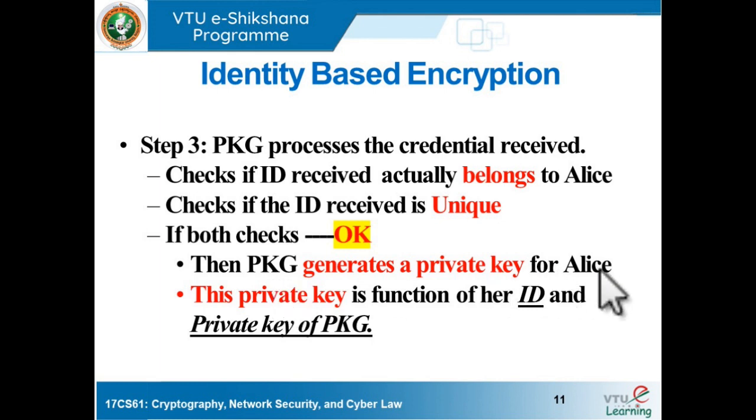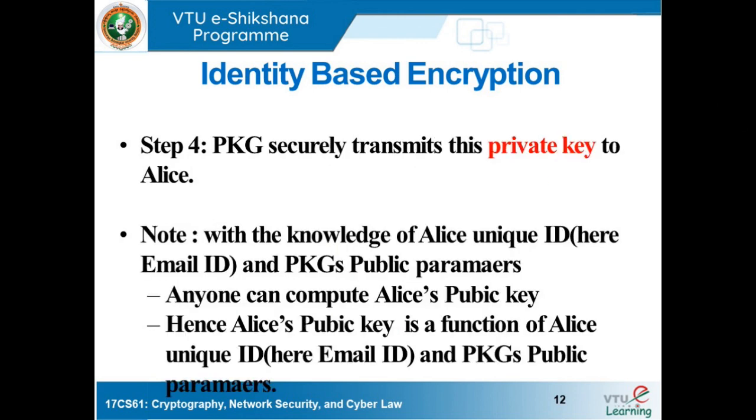Now Alice's private key is generated by the PKG. Once this private key is generated, the PKG securely transmits this to Alice. This private key that is transmitted to Alice will be received by Alice and used for further communications.